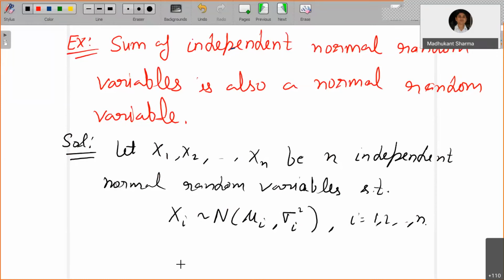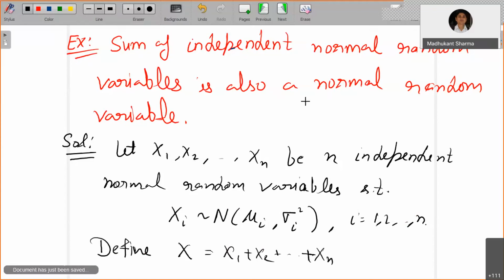Now define X equals X1 plus X2 plus and so on plus Xn. What this result says is that X also follows a normal distribution. The mean and variance of n independent random variables you can easily evaluate.